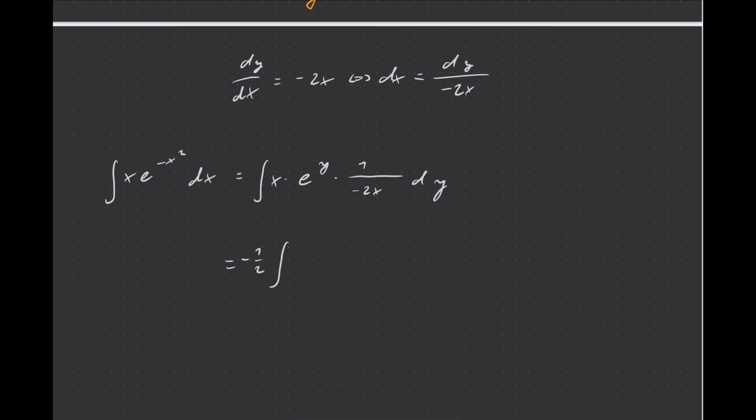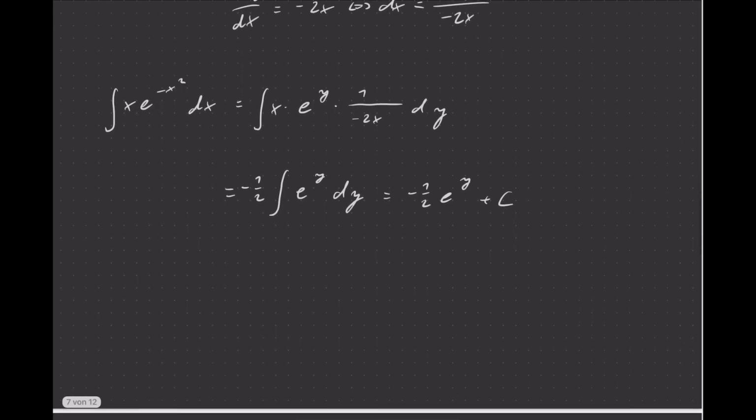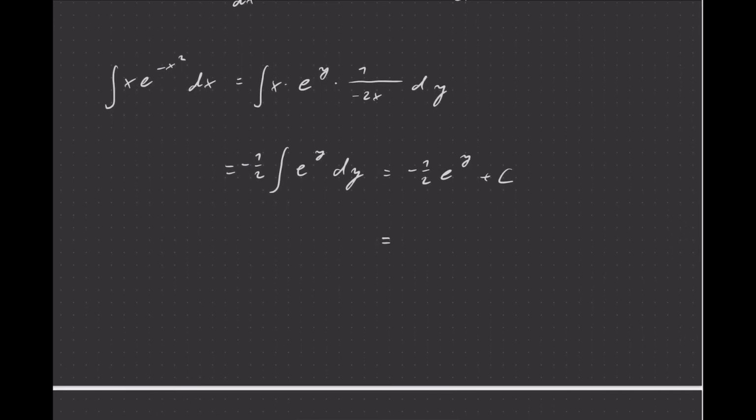And we have minus 1 over 2 e to the y dy. And of course, that's easily integrated. That's just minus 1 over 2 e to the y plus some constant. And again, we revert the substitution here. Minus 1 over 2 e to the minus x squared plus c.